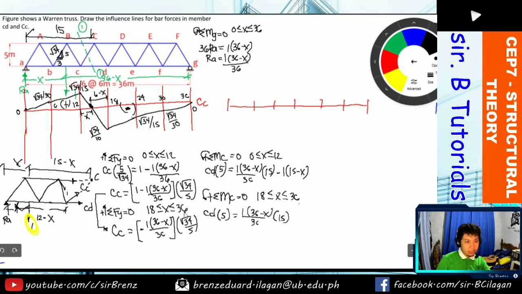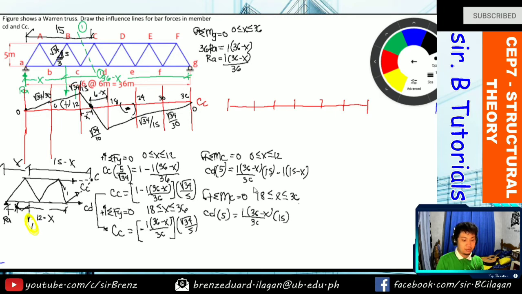So, anong magiging ano natin? Input muna natin sa calcu to. So, 1 times 36 minus x times 15 divided by 36 minus 1 times 15 minus x and then divided by 5.